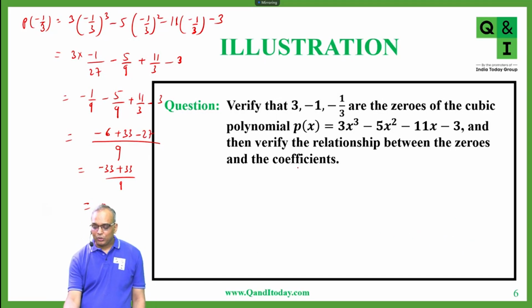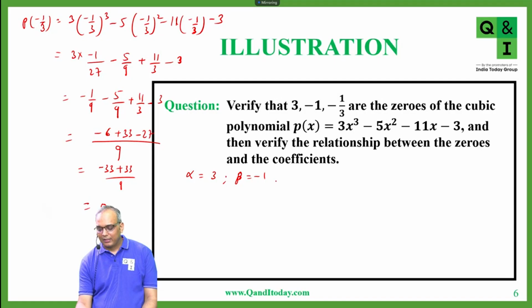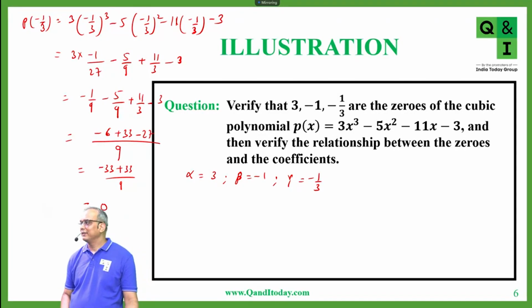We know that these are the three zeros: alpha is equal to 3, beta is equal to minus 1, and gamma is equal to minus 1 by 3. These are the three zeros.